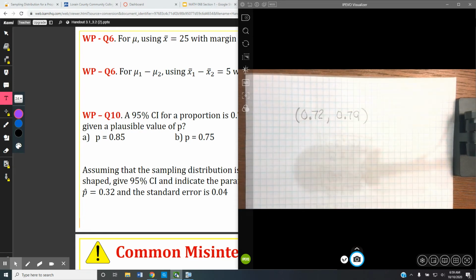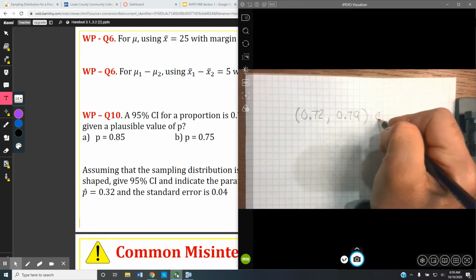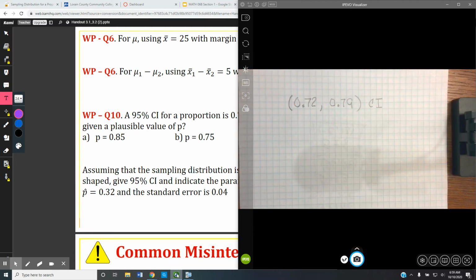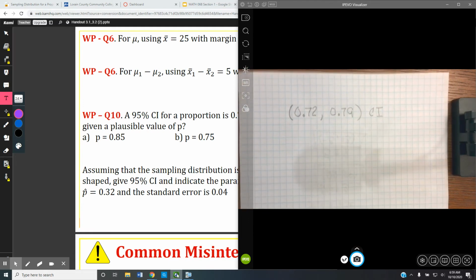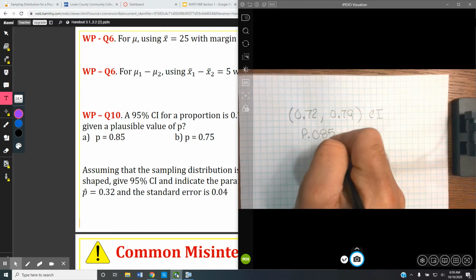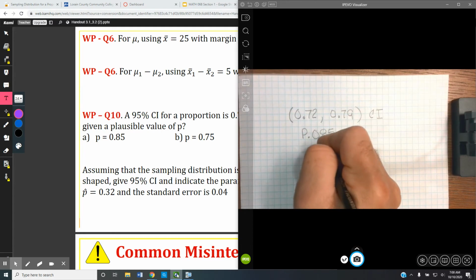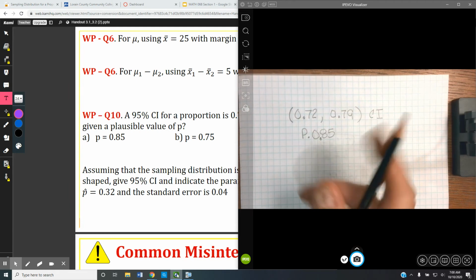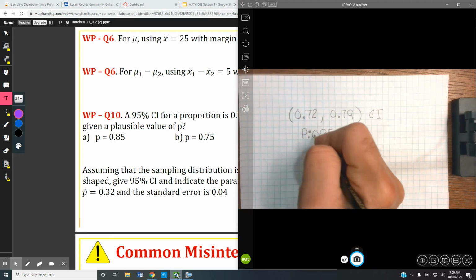Those are my given parameters for my 95% CI. Our first given value is P equals 0.85.